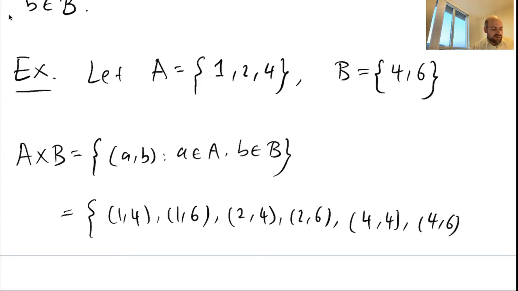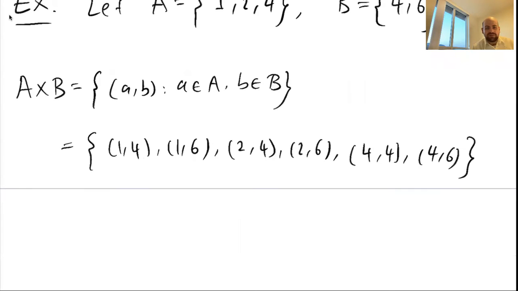Now, how many elements would I have in the set A cross B? In A, I have 3 elements. In B, I have 2 elements. So in total, by the product rule, I would have 6 elements: (1,4), (1,6), (2,4), (2,6), (4,4), and (4,6). Okay, so this is A cross B. Now a relation is a subset of this set.